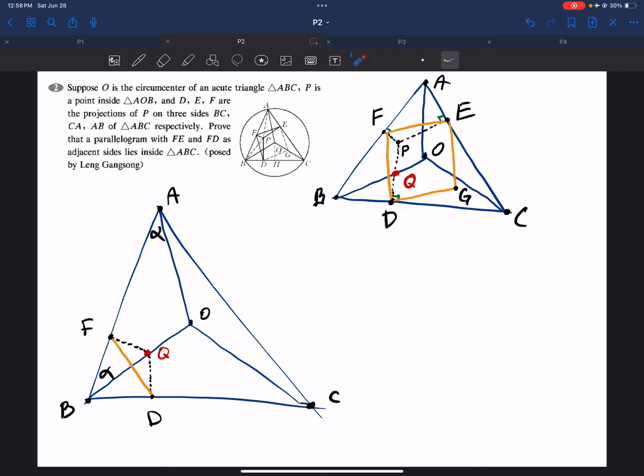Therefore, this angle equals this angle, and this equals this. So let me introduce also names beta for this angle and gamma for this one. And because the sum of three angles in any triangle is 180 degrees, automatically alpha plus beta plus gamma is 90 degrees. Maybe this will be helpful.